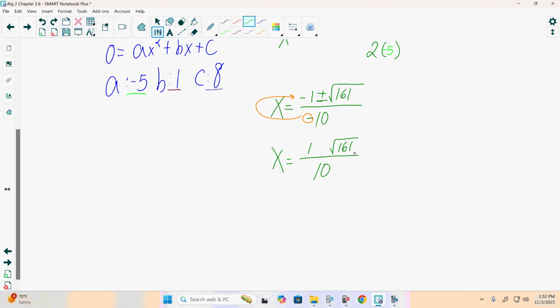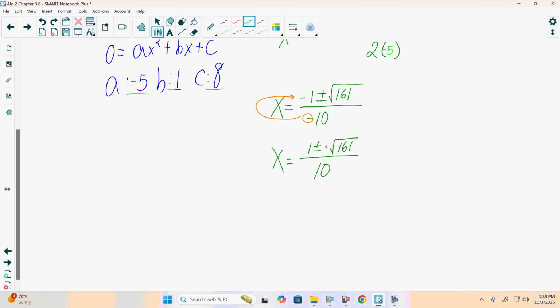Now, we do still have the square root of 161. Now, the plus and the plus or minus. When I multiply a plus by a negative, it becomes what? Negative, yes? So we dealt with the positive case of the plus or minus. Now a negative times a negative is a positive.